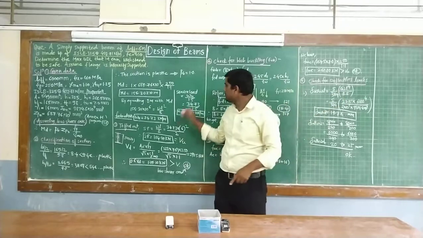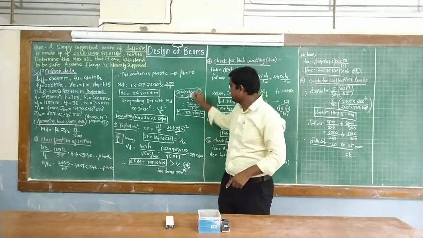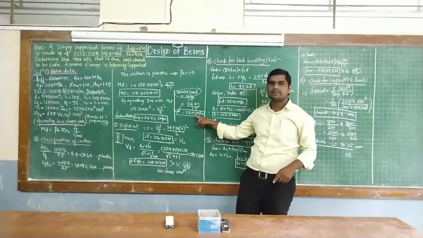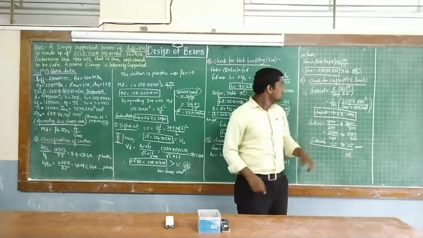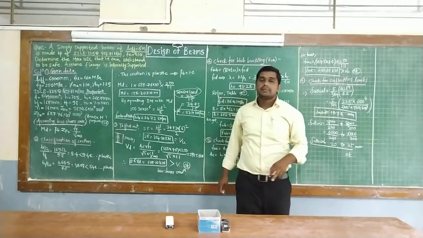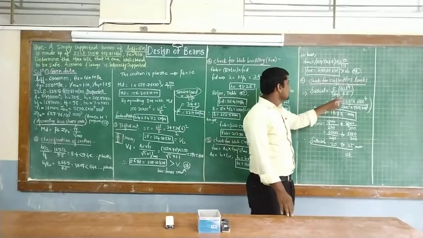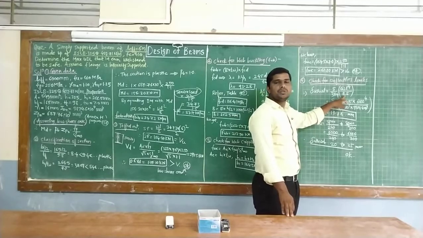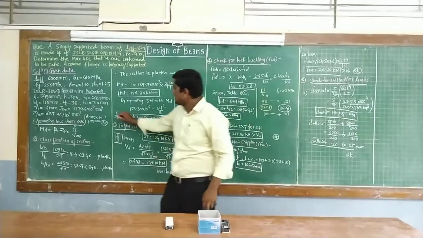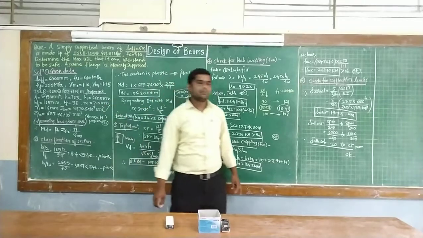So we are going to take the service load, W equal to 23.50 kilonewton per meter. The effective length of 6 meter is given in the numerical statement, where E is equal to 2 into 10 to the power 5, the modulus of elasticity. I is the moment of inertia about the Z axis, which we have already mentioned in the properties.